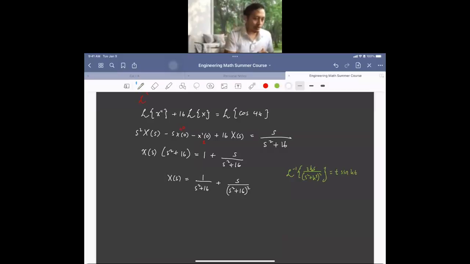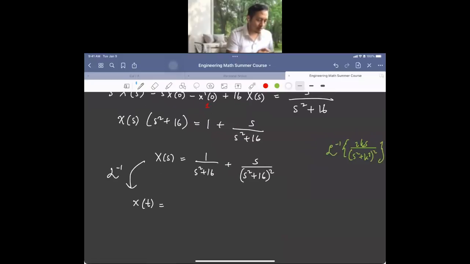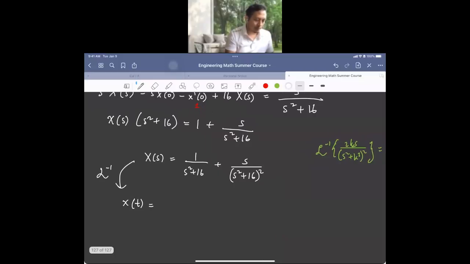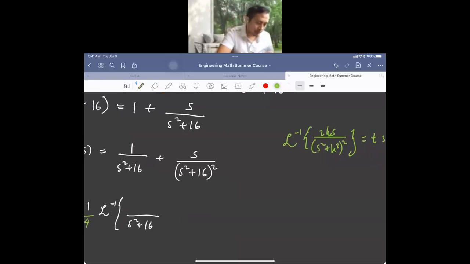Now, to make it true, let's take the inverse of this transformed equation. We need to transform back to t. Let's say this is s squared plus 16. For the first one here, this is just 1, so we need 4 on top, and this will be sine 4t over 4.